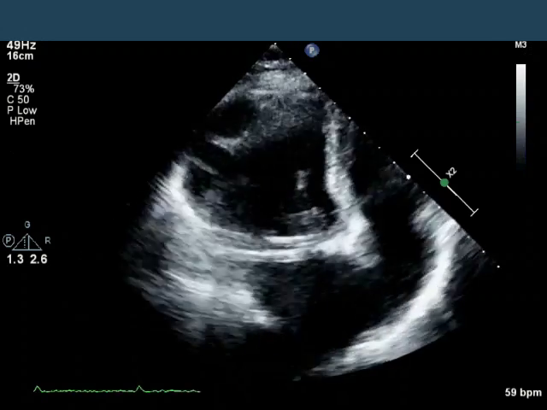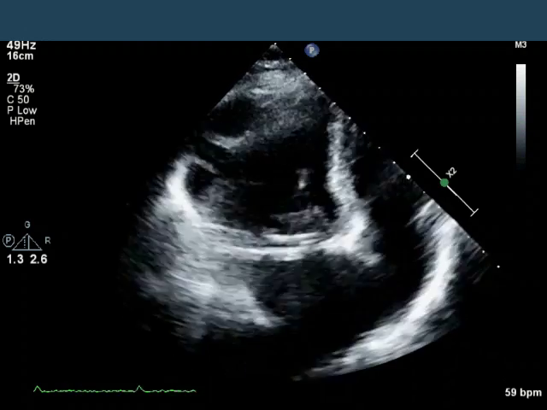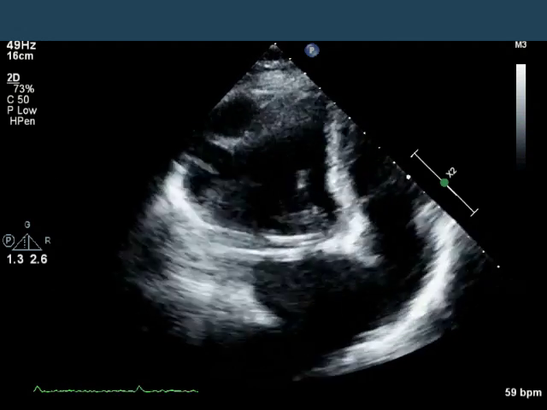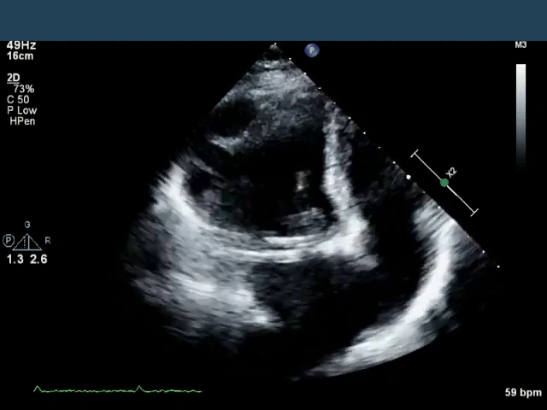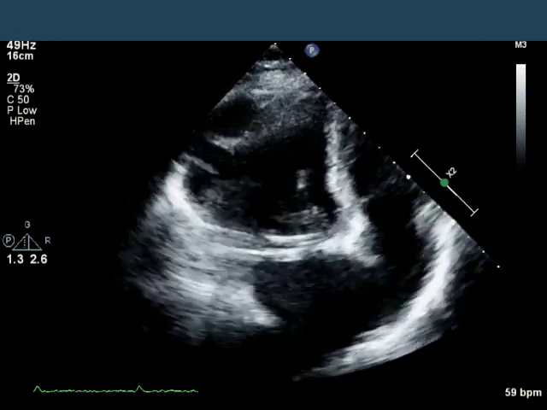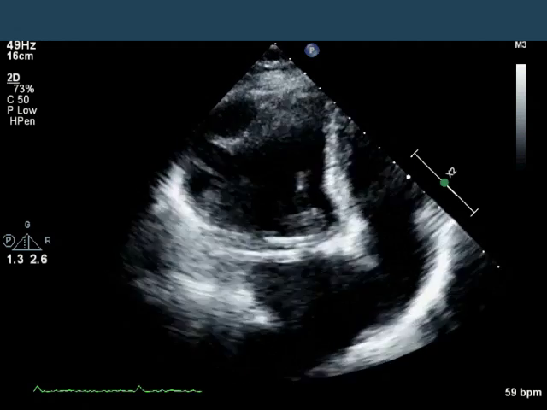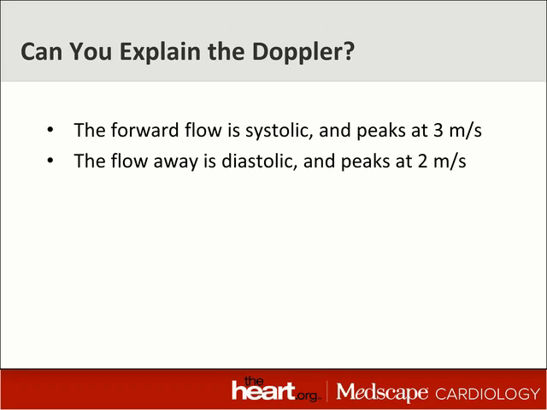Here again, you can see an apical long axis view with the left ventricle and the RVOT on the right side. So how do we explain the Doppler? Well, remember, when you look at any Doppler signal, what are we looking at?